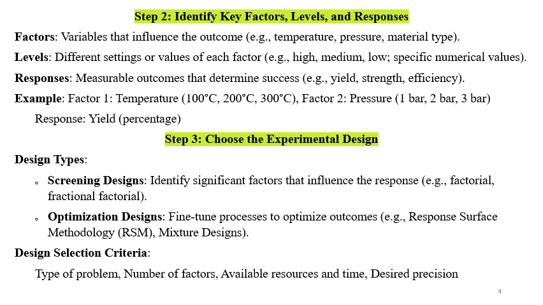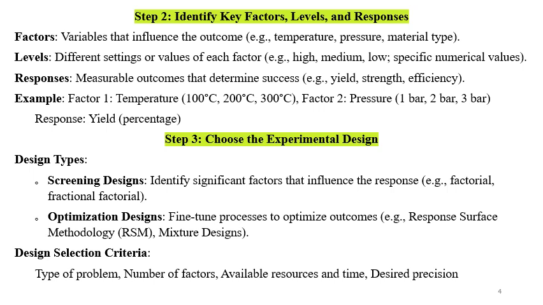Example is factorial design and fractional factorial design. Optimization designs are for fine-tuning the processes to optimize the outcomes. So optimization designs are also there, like response surface methodology and mixture designs. Response surface methodology is called RSM, and mixture designs are also done for optimization.